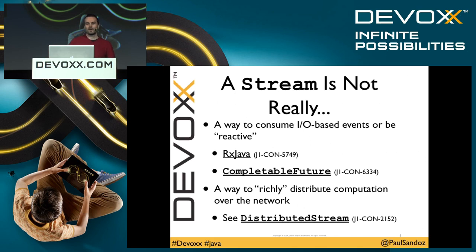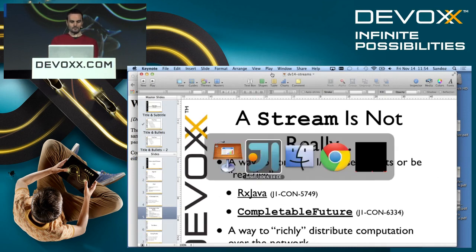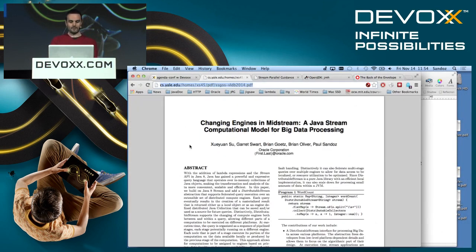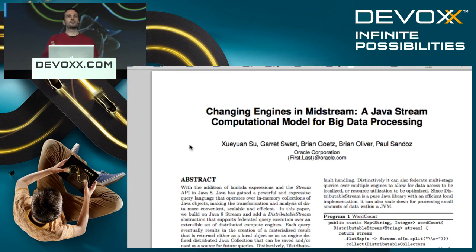And it's not a way to richly distribute computation over multiple nodes in a distributed system. There is something called distributed stream. There's actually a paper online. The links are in the presentation, which I'll update, which talks about leveraging the Java stream in a distributed stream, so you can distribute your computation over a whole bunch of Hadoop nodes or a coherence cluster and run your local stream on each node and merge all the results back together again.